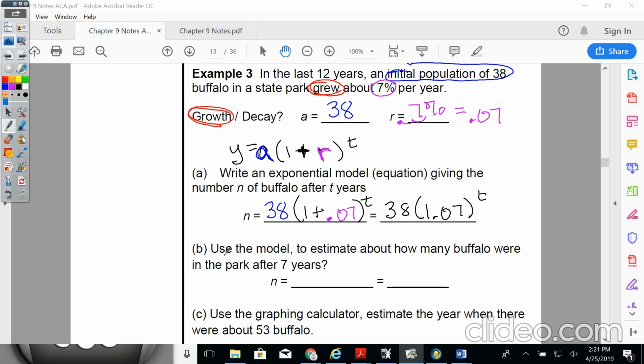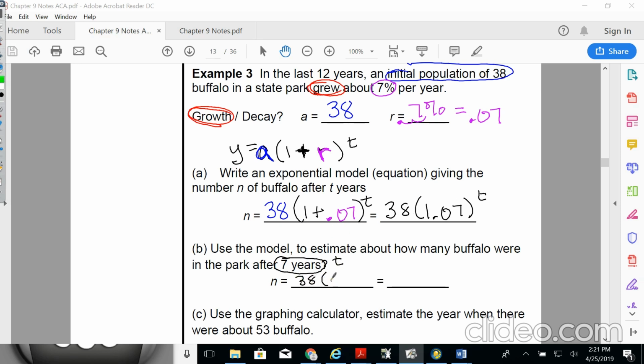For part B, it says use the model to estimate about how many buffalo were in the state park after 7 years. So the 7 here is giving us the time. So we're going to plug this in for t. So we take our equation that we made, 38 times 1.07, and we plug in 7 as the exponent.